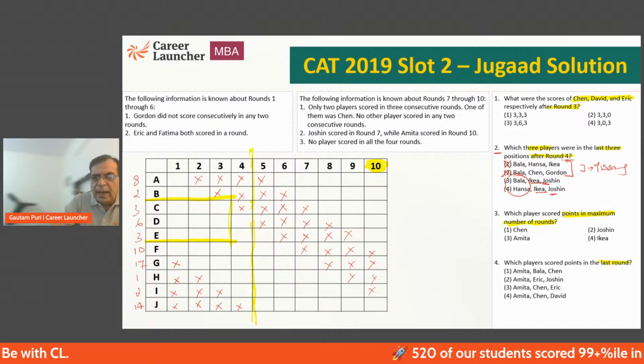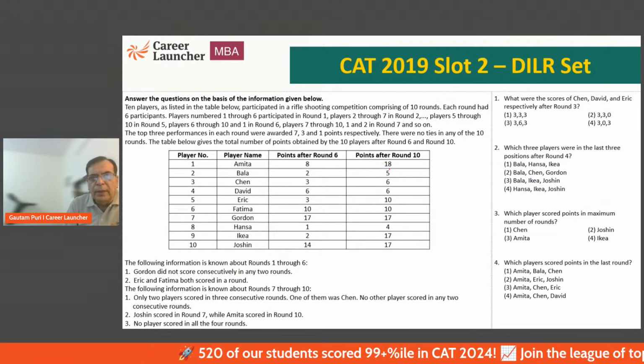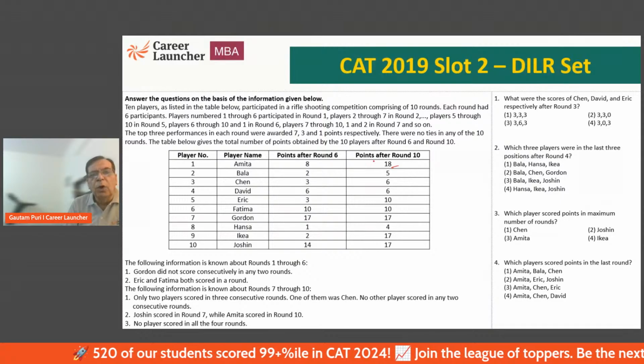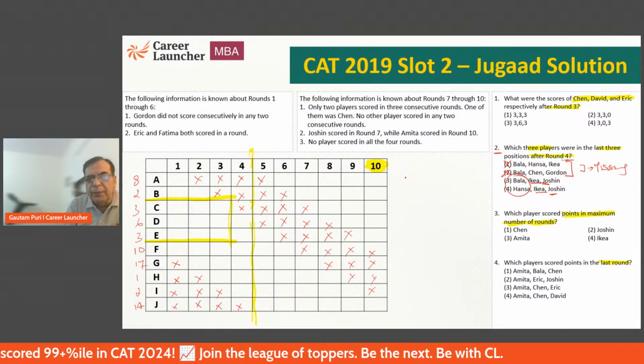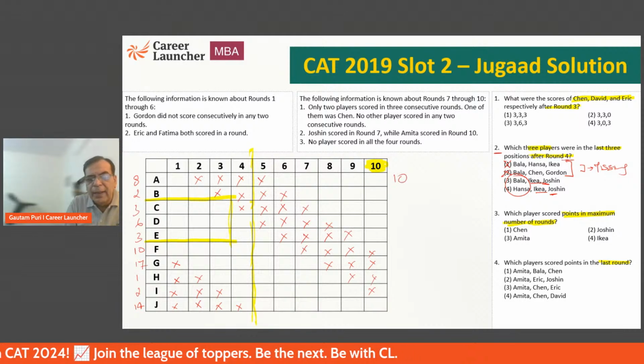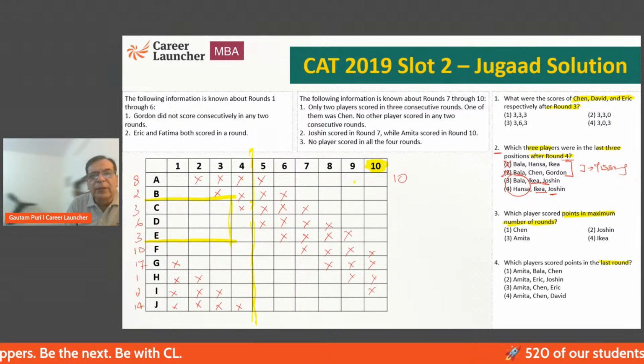Right? And now I'll not write down 18. What will I do? 18 minus 8, 10. I'll write down 10 points here. Why? Because these are the 10 points which are in round 7 to 10.